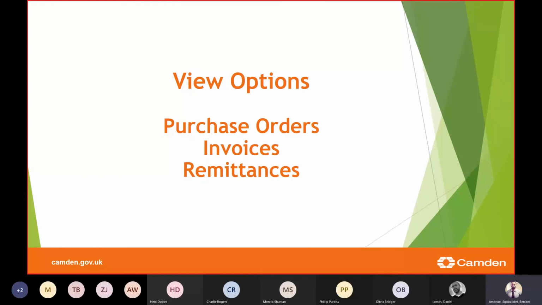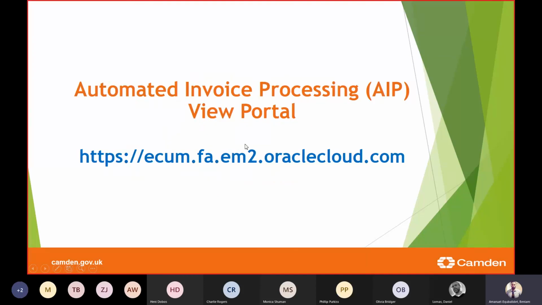Once you have access to that system and you step into the supplier portal, you're going to be able to see in real time all the things that we as Camden purchase officers, or your buyer, would see as they make their changes. So you'd get to see your PO, your invoices, and your remittances in real time without any delay. Having said that, I'll step into them and give you an idea.